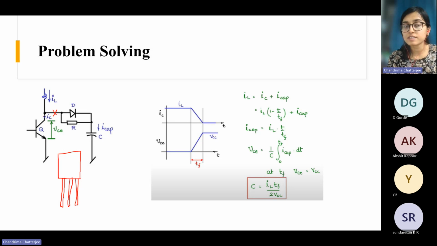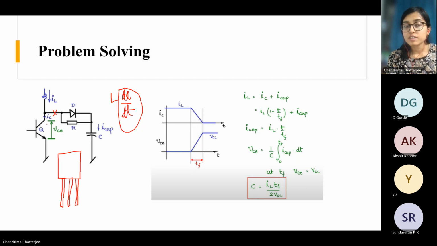So now the inductance doesn't have any path to flow. The inductance current can't flow anywhere because this is open now. Due to the sudden interruption of the current, there will be some L di by dt definitely, right? Because now the current will have a negative slope because you have interrupted the current path. So there will be an L di by dt with a very huge di by dt, and that's why this L di by dt will also be large.